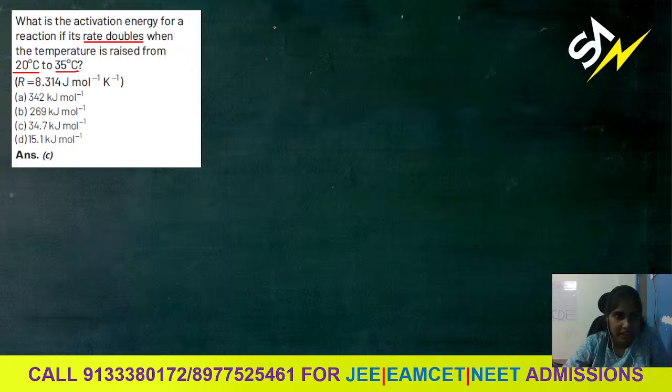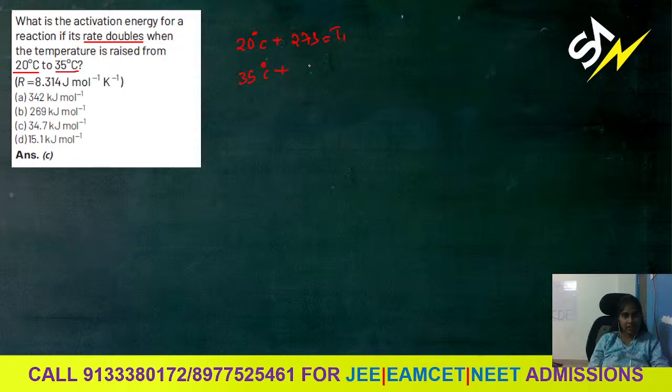It means the final rate will be twice that of the initial rate. How can you convert degrees centigrade to Kelvin? By adding 273. If we add 20 degrees centigrade with 273, we get T1, and 35 degrees centigrade with 273 will give the T2 value.